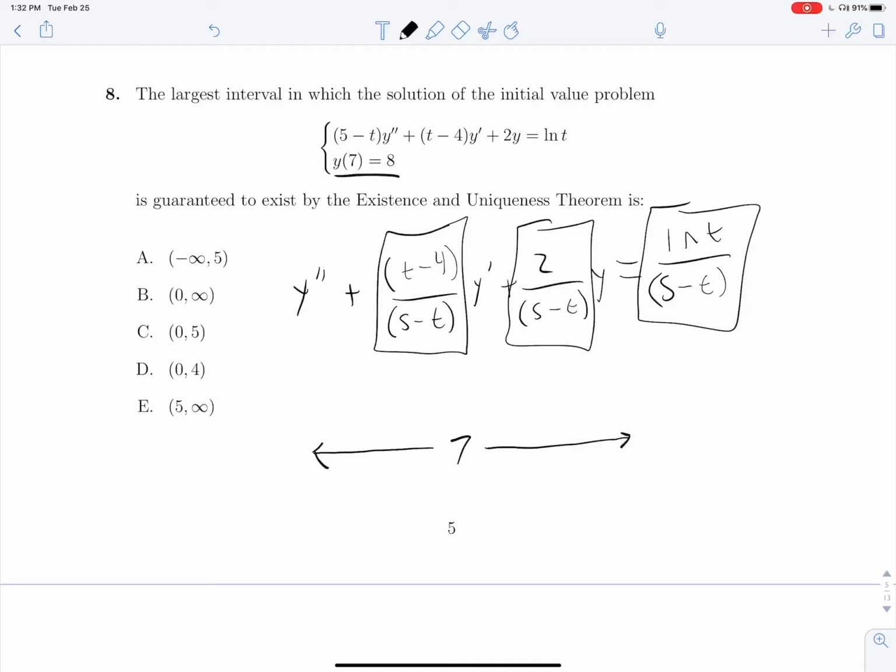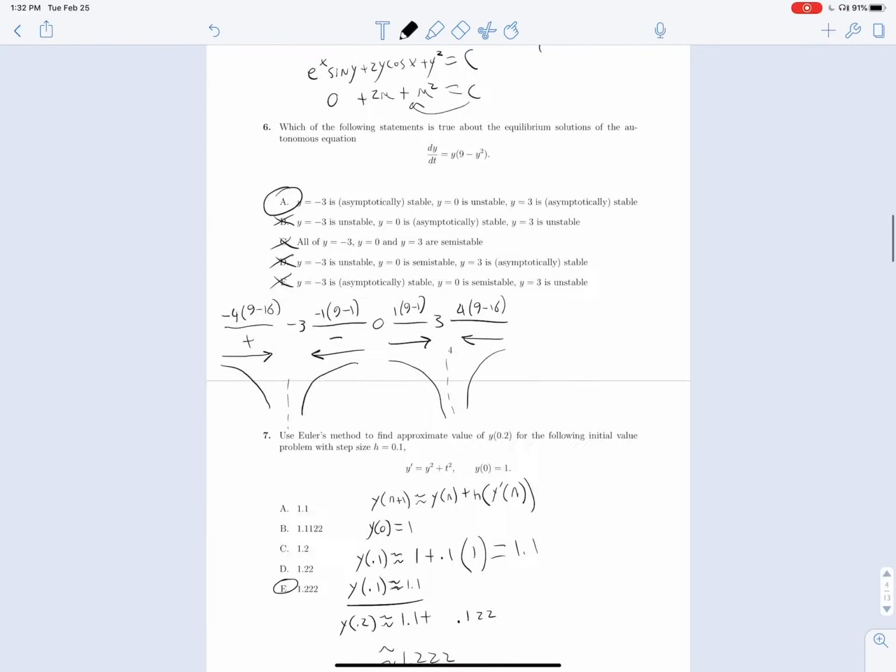These functions are discontinuous when t is equal to 5, because that will make the denominator in all three of these 0, and when t is less than 0, because we have an ln t, which is not defined for negative numbers. Since we're sitting at 7, we are going to hit 5 in this direction, and we are going to hit infinity in this direction, because we have no upper bound to worry about here. So 5 to infinity, 8 is E.